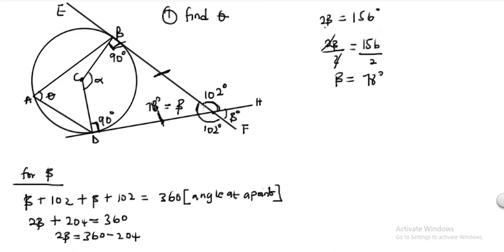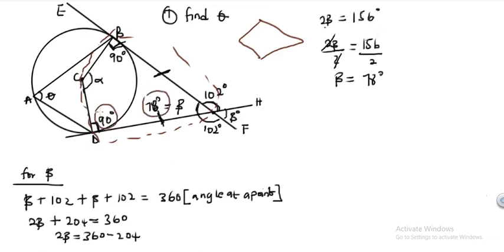If you look at this shape, this is a quadrilateral shape. So the shape we're looking at here is this shape here. If you notice, it looks like this. Okay, so this is a quadrilateral shape, and from that quadrilateral shape we can get the value of alpha. If we add all the angles in the quadrilateral, which is this angle plus this angle plus this angle plus this angle, we get equal to 360 degrees.